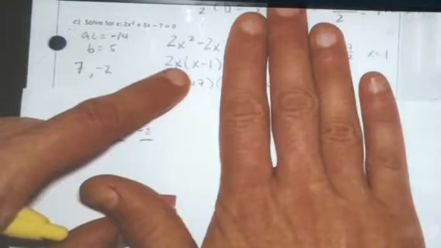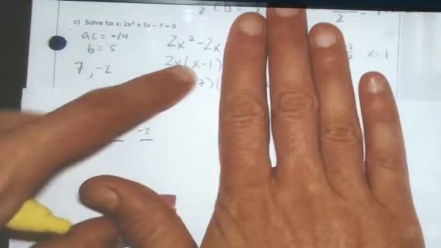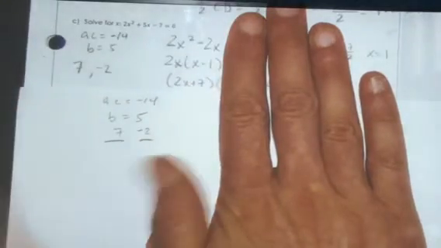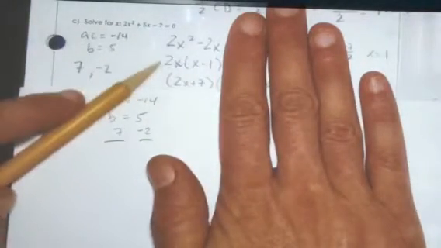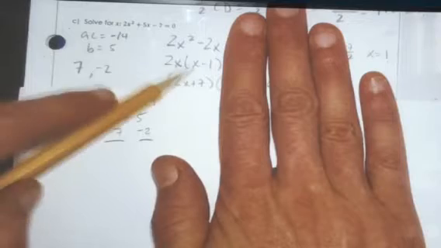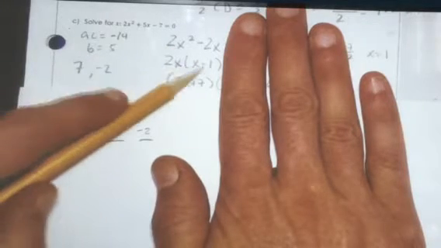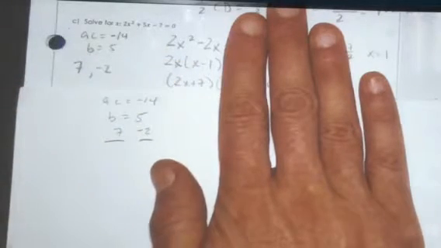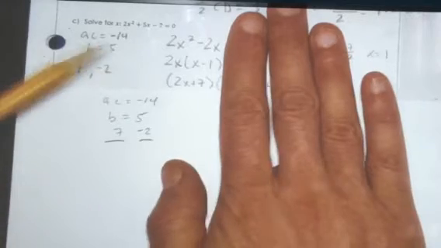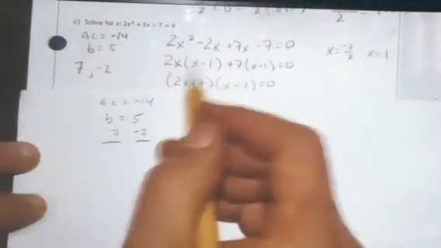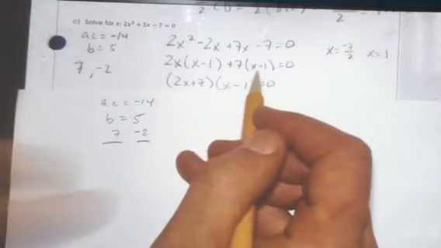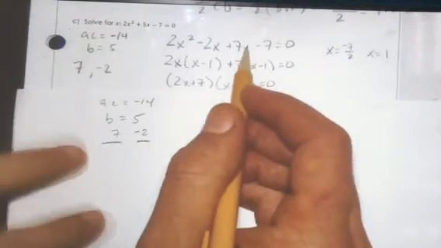So factor out 2x, and you're left with x minus 1. You can double check that by, in your brain, just distributing back. So 2x times x is 2x squared. 2x times minus 1 is minus 2x. And then remember that if you do this right, then you're going to have x minus 1 in parentheses here when you work with this other group.